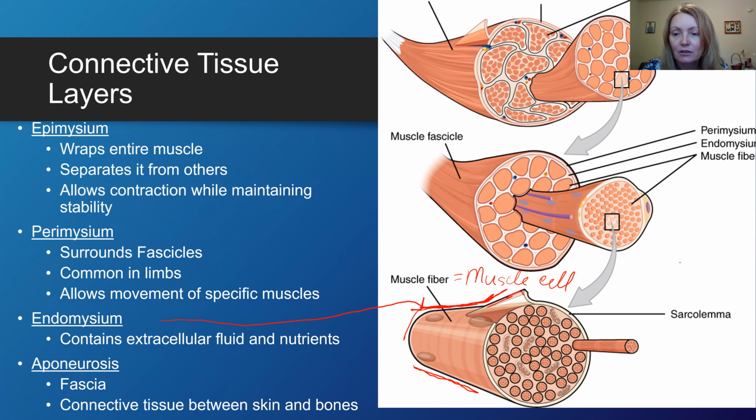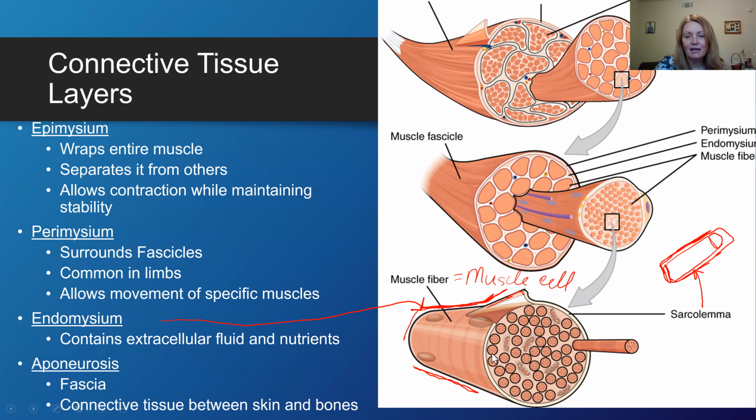So you have a cell, and you cannot draw a cell without a cell membrane. That's the sarcolemma. And then you will have connective tissue surrounding it, and this connective tissue is endomysium.